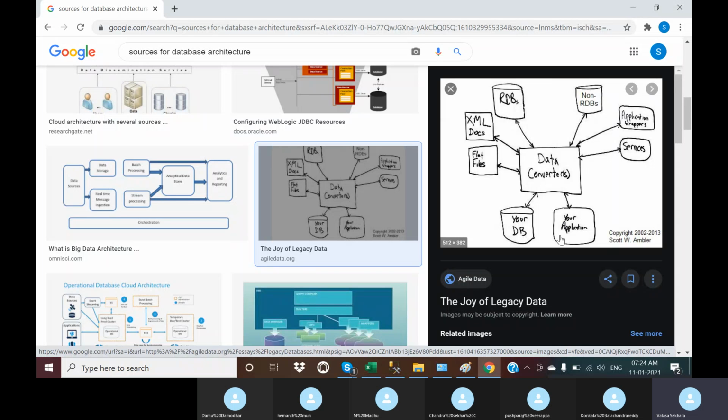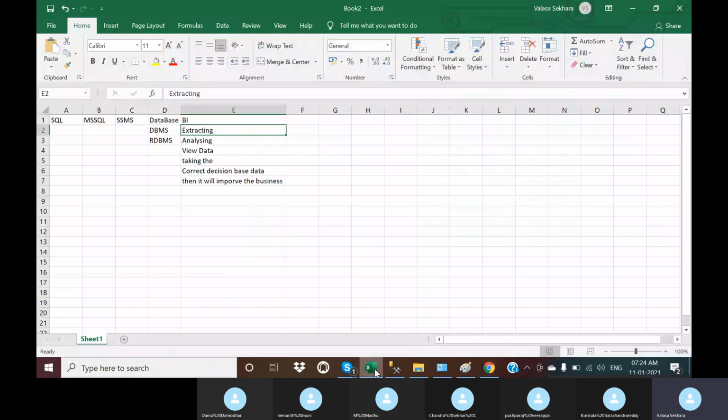Application means SAP application or Java application or .NET application, whatever it may be. The data will be coming from the sources. So we need to extract the data from the various sources, that might be from .NET applications or Java applications or JSON or XML files or flat files or CSV files or Excel files.